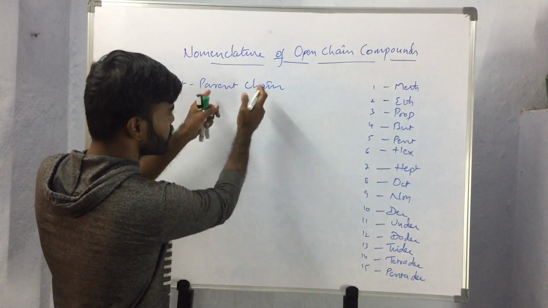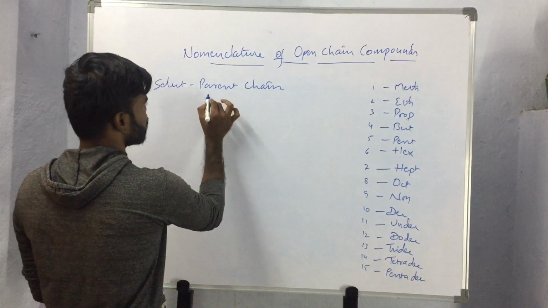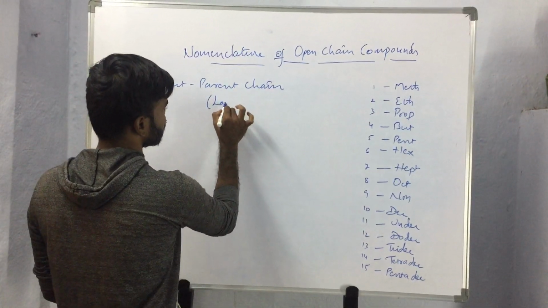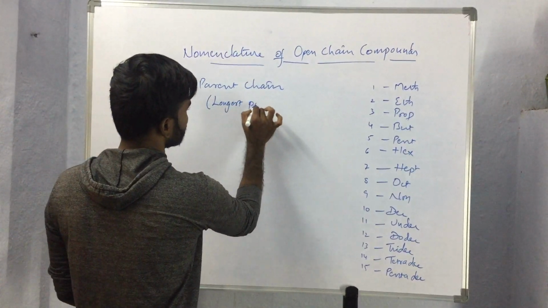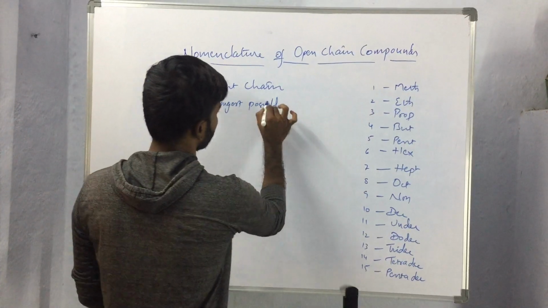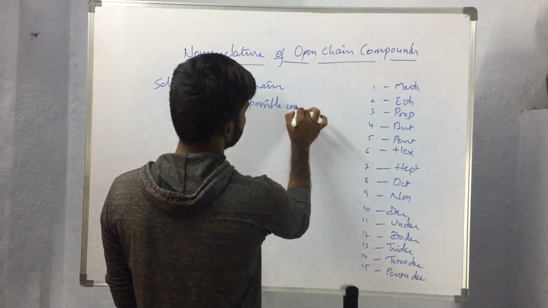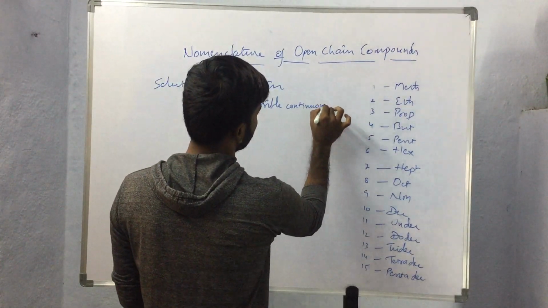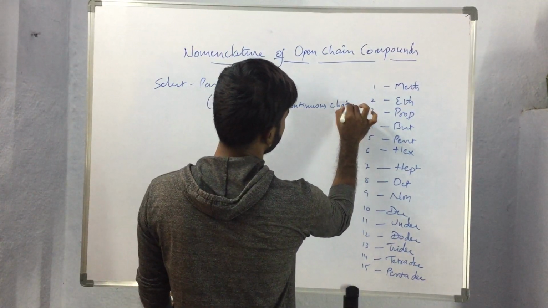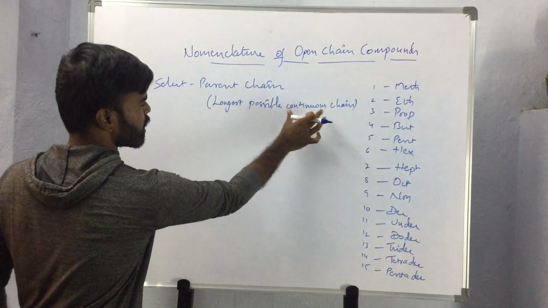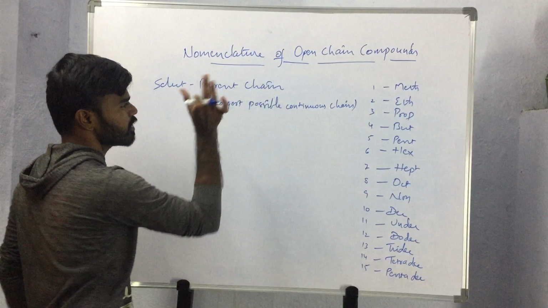This is the first point we have discussed. Which will be the parent chain? This is the longest possible continuous chain. So the longest possible continuous chain will be considered as the parent chain.